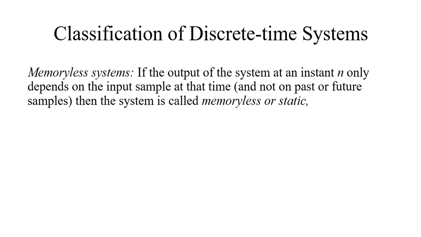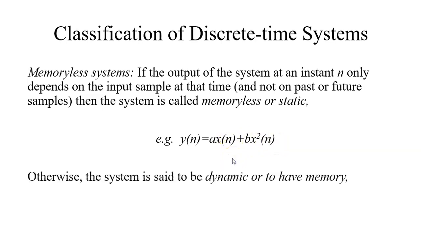It depends only on current data. For example: y of n equals a x of n plus b x squared of n. You see, there are no negative values here. It depends only on an instant n, the current time, the present time.